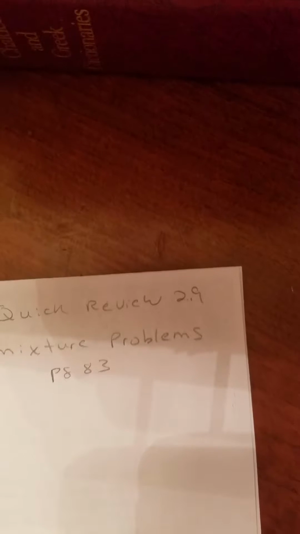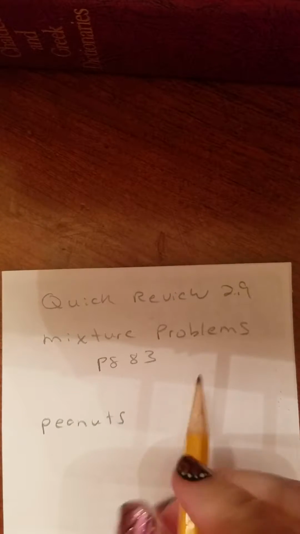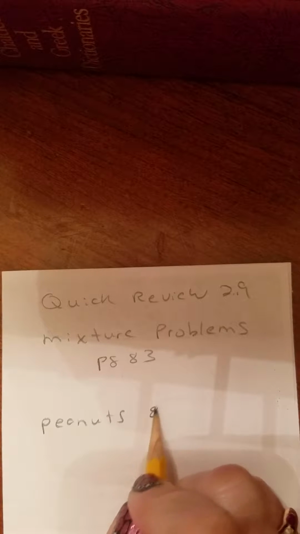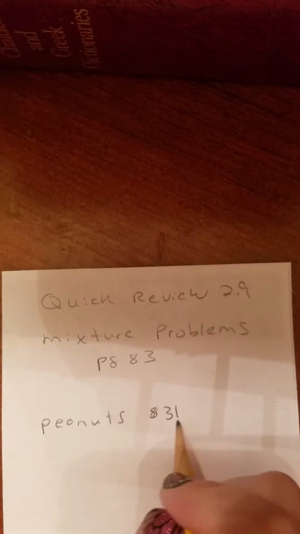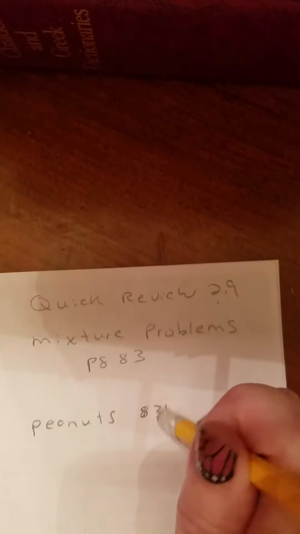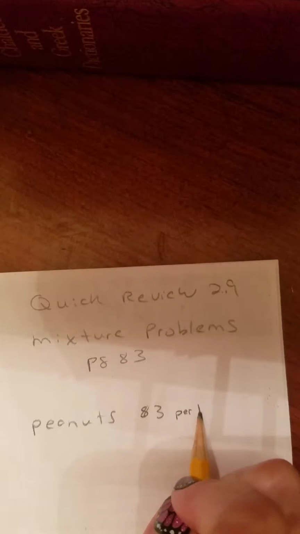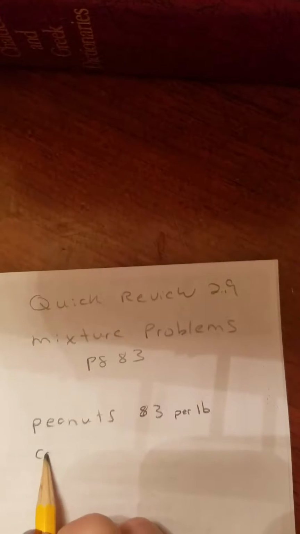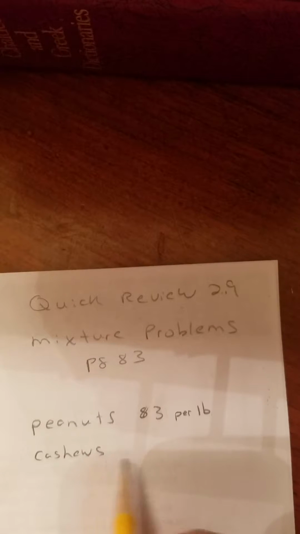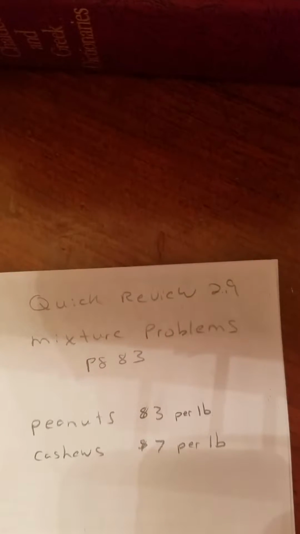It says, for example, if you have peanuts that are $3 per pound, and you have cashews that are $7 per pound, okay?